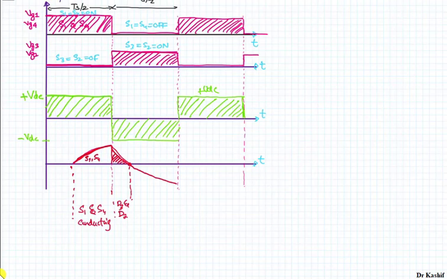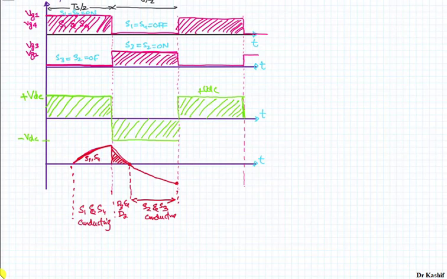From this point till this point, your switches S2 and S3 are conducting. Once the current becomes maximum and there is the transition in the switching states, switches S1 and S4 turn on again at this point.